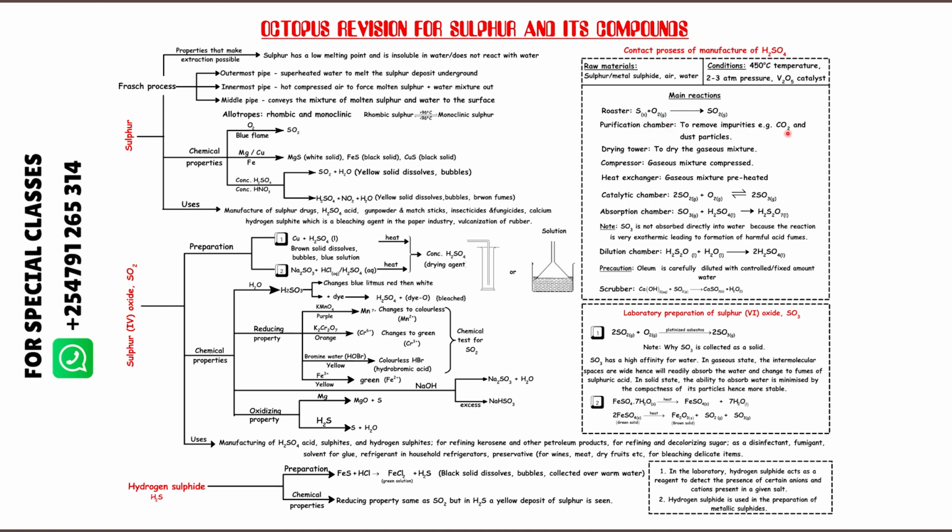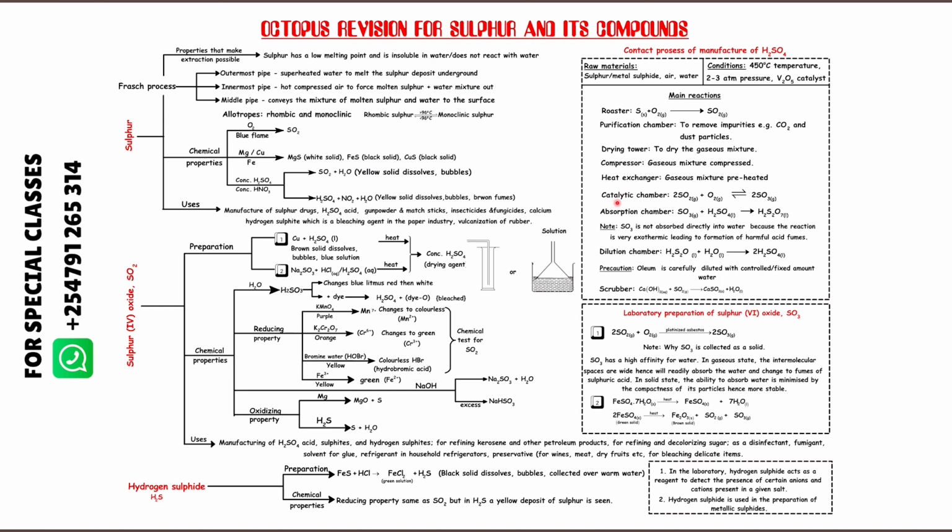Then the purification chamber removes impurities like carbon dioxide and dust. Then we have the drying tower, which is to dry the gases. Then we have the compressor. The gaseous mixture is compressed to the required pressure of 2 to 3 atmospheres. Then the heat exchanger. The gaseous mixture is heated to the correct temperature, which is 450.